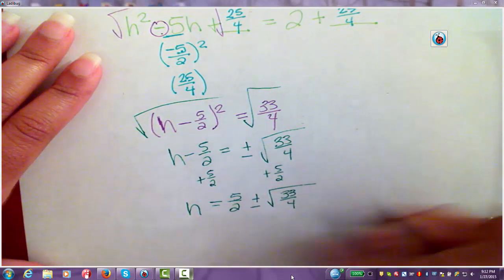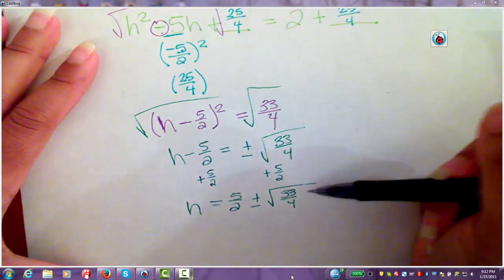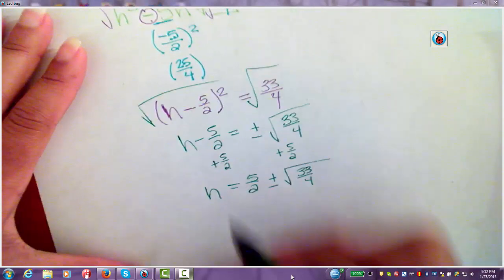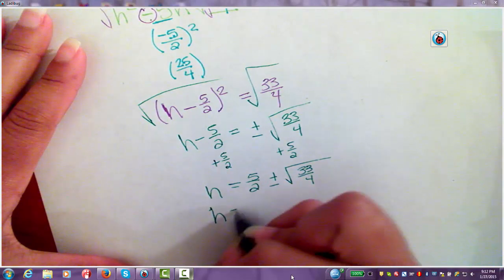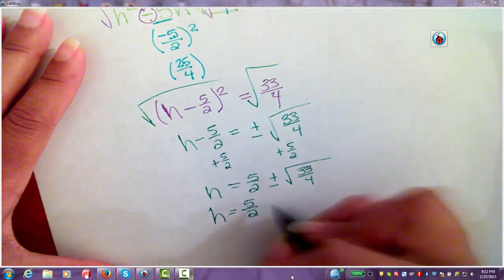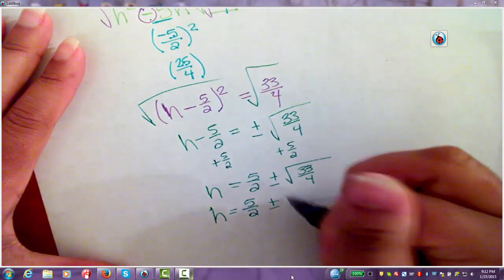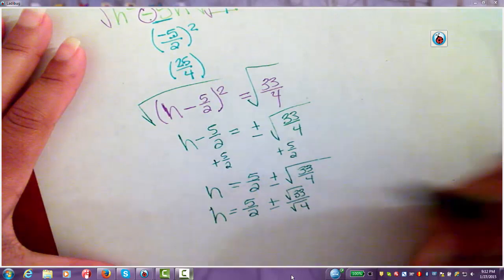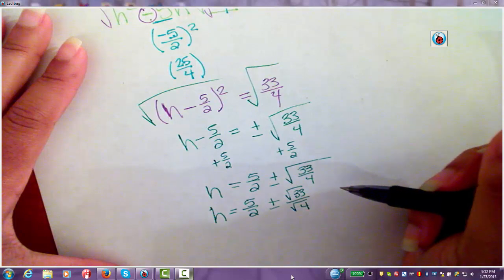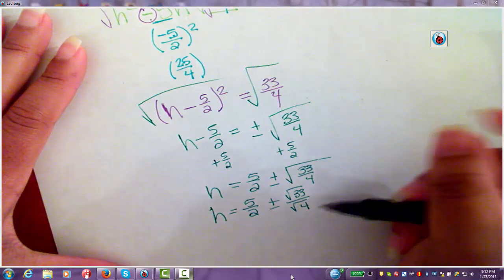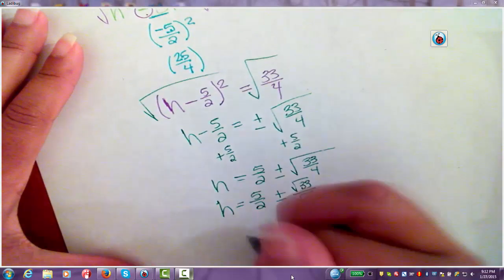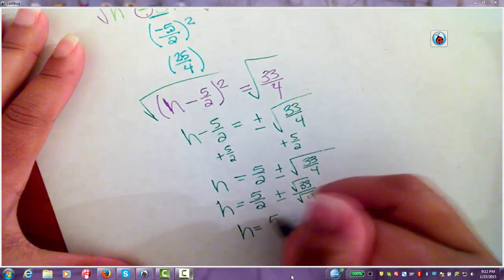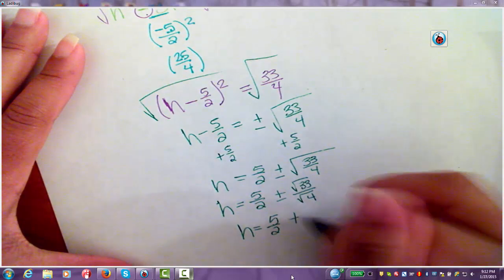And if you remember how square roots with fractions work, this is actually h equals 5/2 plus or minus the square root of 33 over the square root of 4. And the square root of 4 is 2, so we get h equals 5/2 plus or minus the square root of 33 over 2.